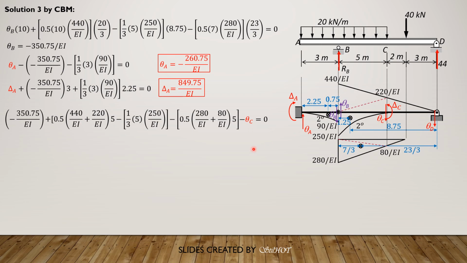Minus theta C equals 0. We almost forgot theta C. Solving for theta C is negative 17.417 over EI, just like before.